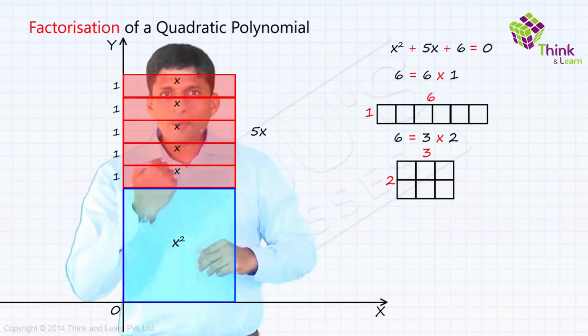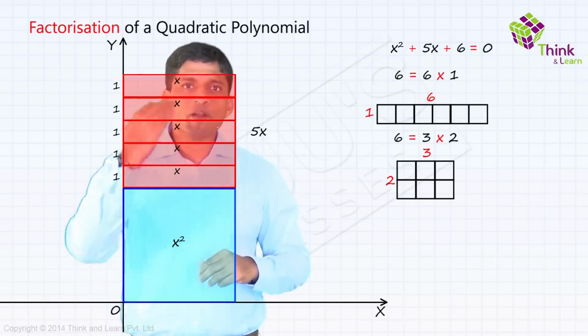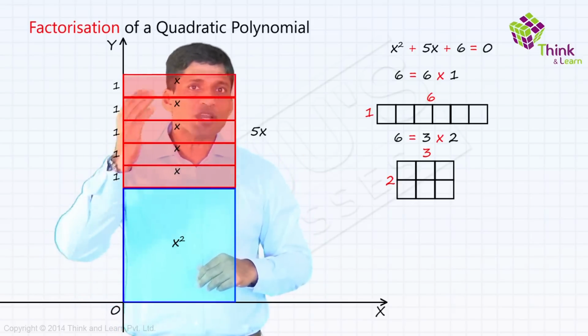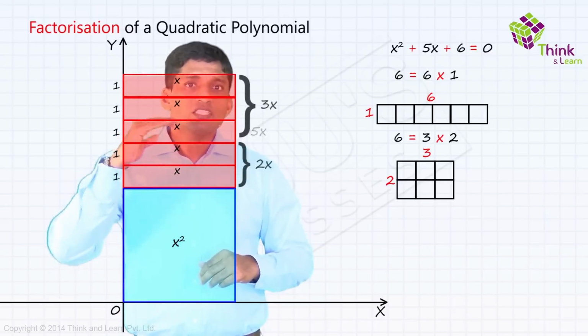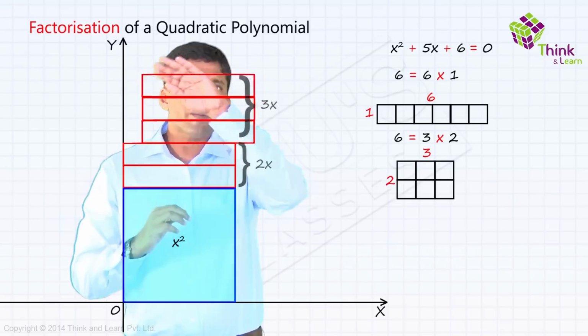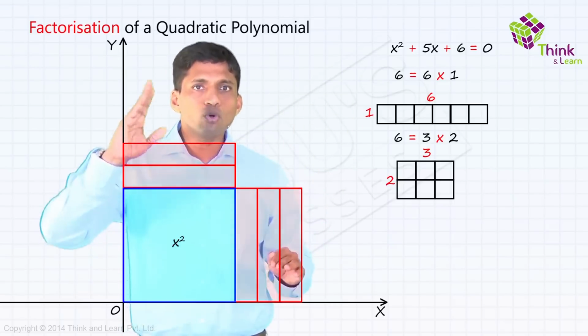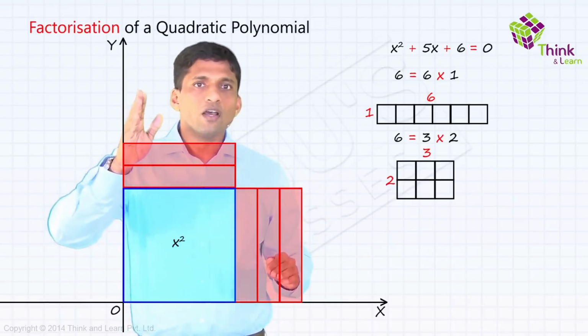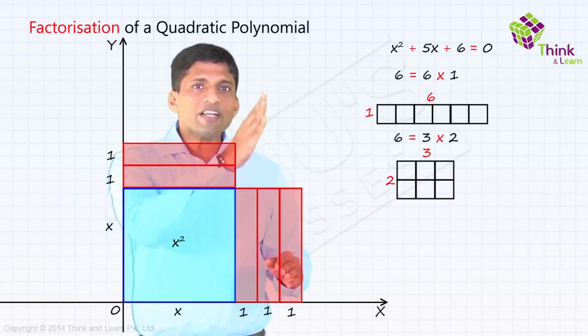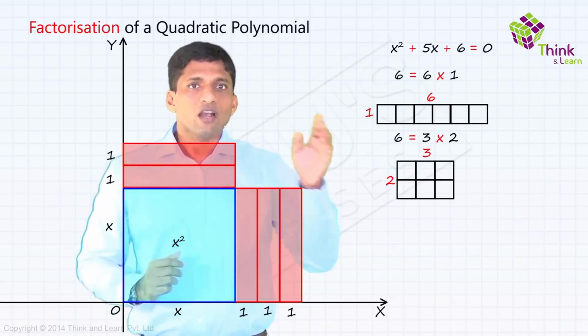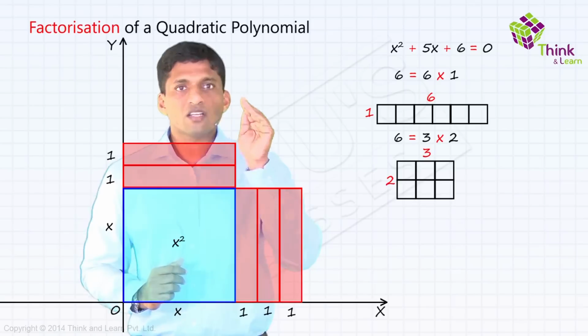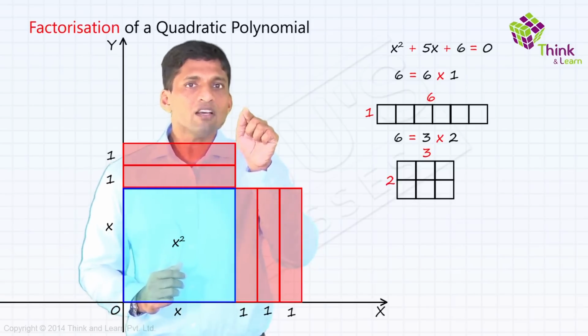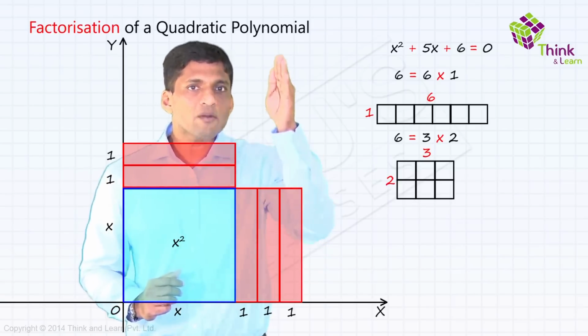So now coming back to this area x square plus 5x, this 5x you can split as 3x and 2x. So I'll bring this 3x down here, 2x is left on top. Now this rectangle will get completed when, what is the remaining region here? That rectangle is with length 3 and breadth 2.